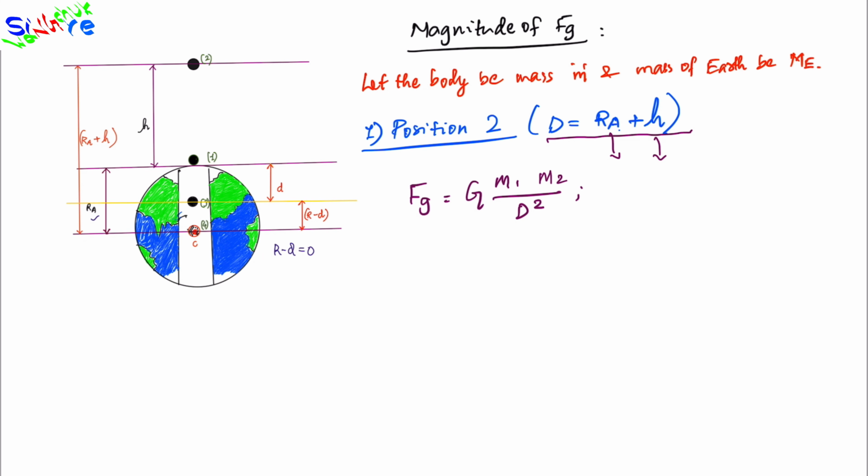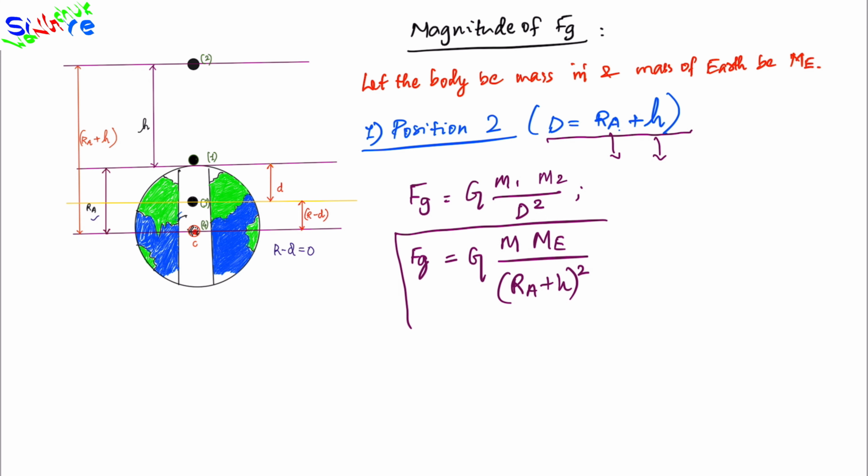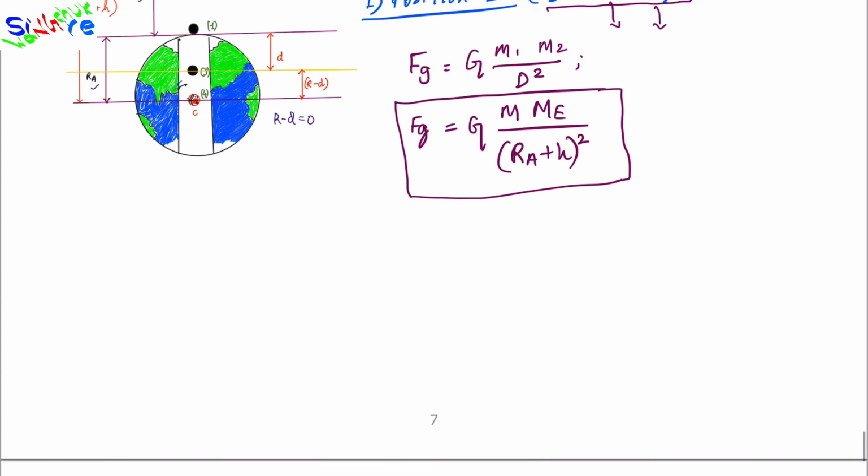Now rewriting the universal law of gravitation according to this condition, we have Fg equals G m me by Ra plus h the whole square. This is the magnitude of the gravity at the height of h above the surface of the earth.